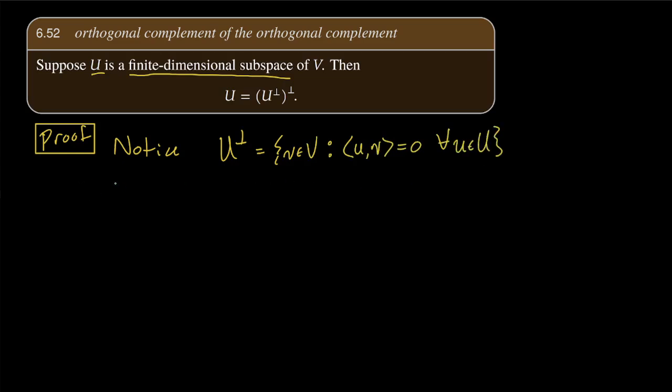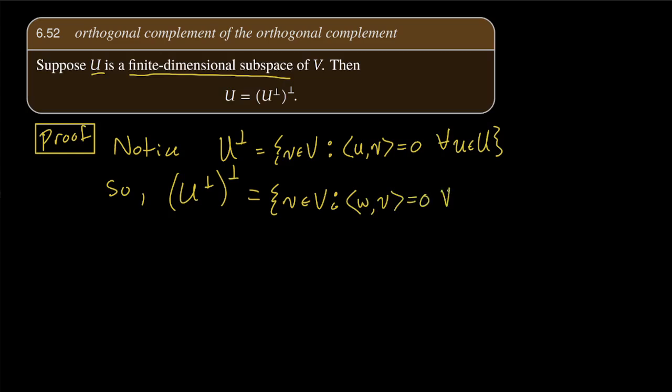So U perp perp, the orthogonal complement of the orthogonal complement, is equal to the v's in V such that the inner product of w with v is equal to 0 for all w in U perp.